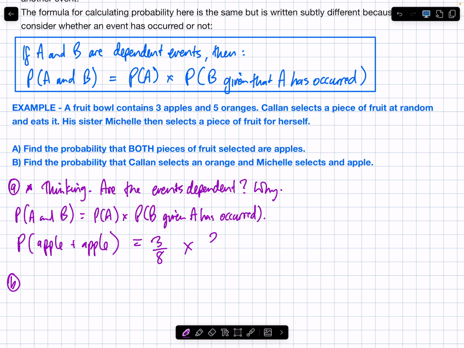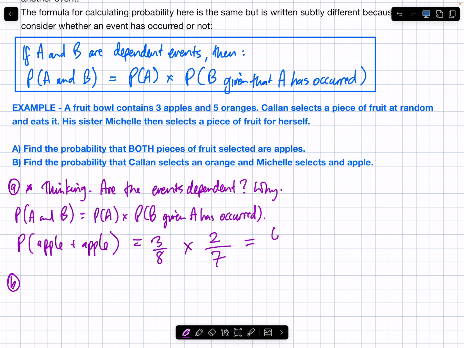So yes, the number of apples is reduced, but that reduction also affects the total. So these numbers aren't going to be as nice anymore. If you've been doing the timeline exercises, what you'll notice is the fractions sort of stay the same. Here, these fractions are changing, and your answer is going to be completely different if you don't take away from the total number of apples and the total number of fruit in general.